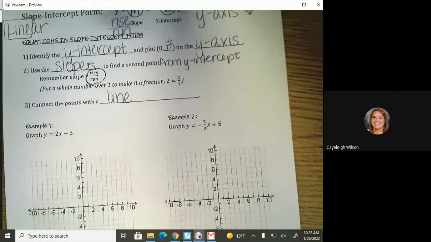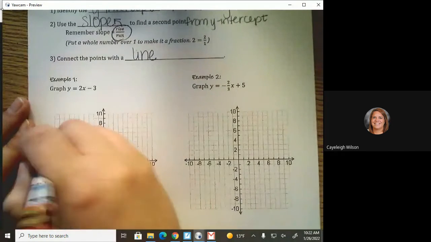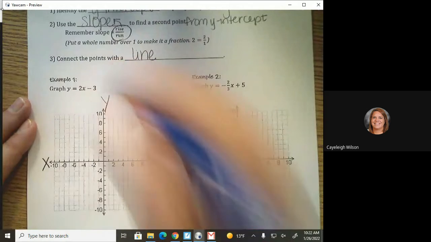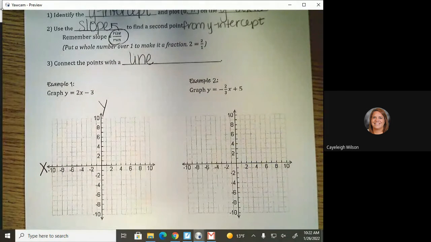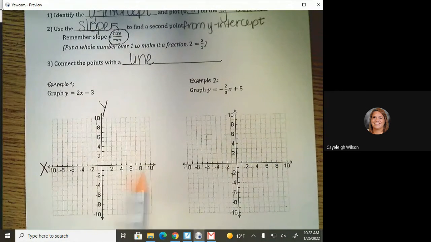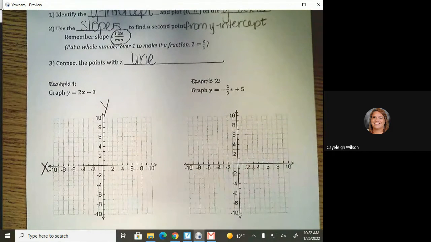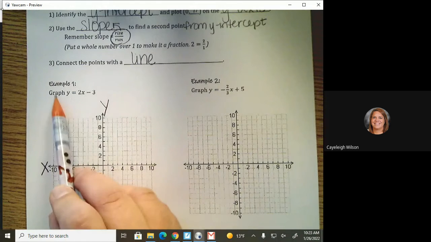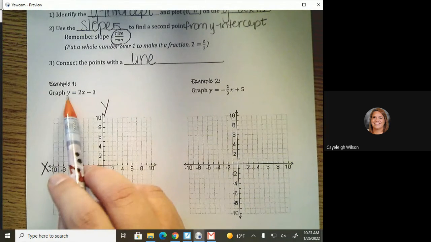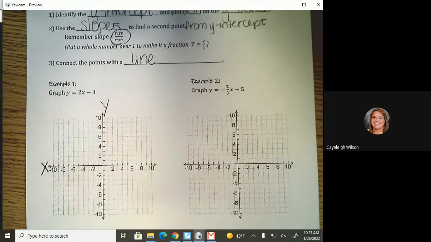Okay, so when we go to graph these, I will always first label my axes. That's the word that's plural for axis. This is the x-axis always. This is the y-axis always, every time. Now, when I go to look at the line, it says graph y equals 2x minus 3.